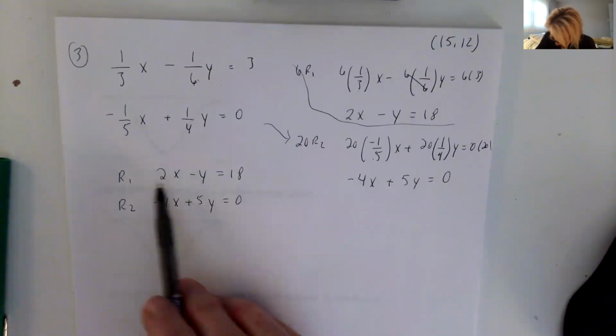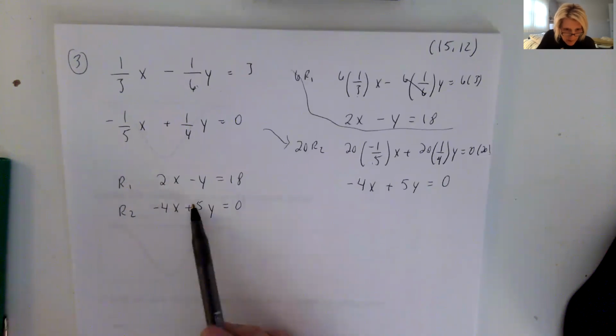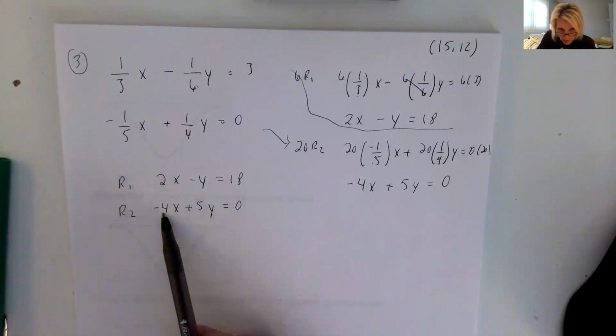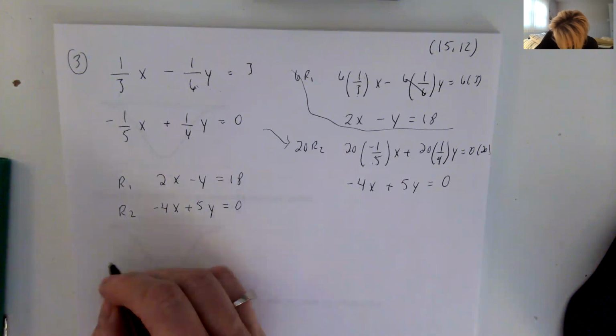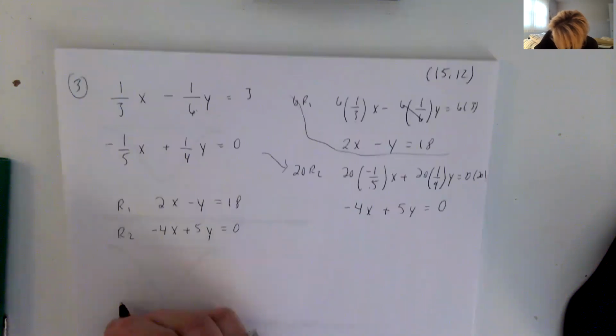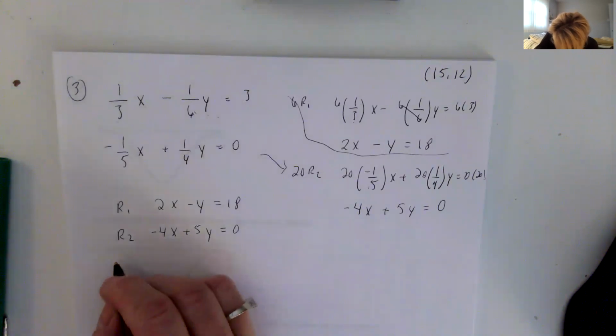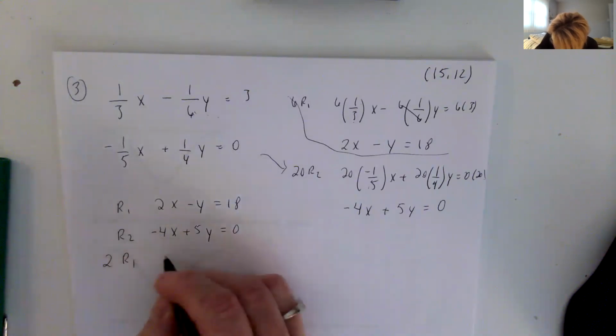Now I can see that I have opposite signs on my x's, so I could multiply row 1 by 2 to get a positive 4, and then I would have a negative 4 already in row 2, and they would add to 0. So I'm going to do 2 times row 1 right below here.